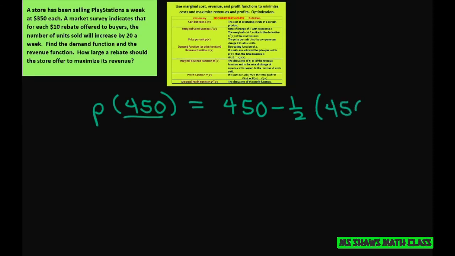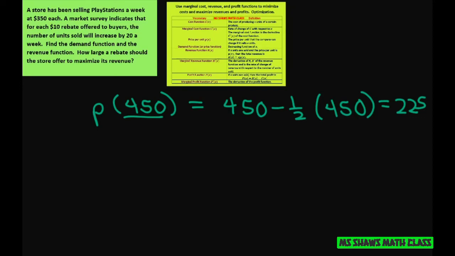So therefore, the corresponding price is going to be P of 450, because that's the max, which equals 450 minus 1/2 of 450, and that equals 225.